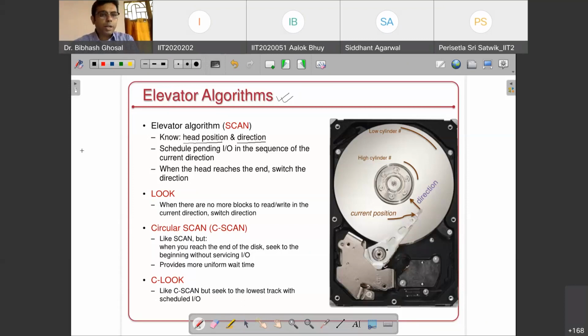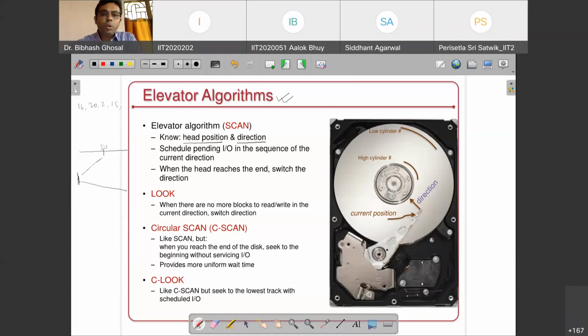So if your head is at 50 and you have requests like 16, 20, 2, 15, you go on serving them until you reach the last one. There is no other request pending which is lower than 50. Once you have touched upon this, then you start traveling on the other side. This is how you're going to come.